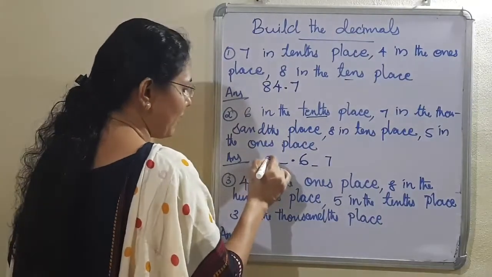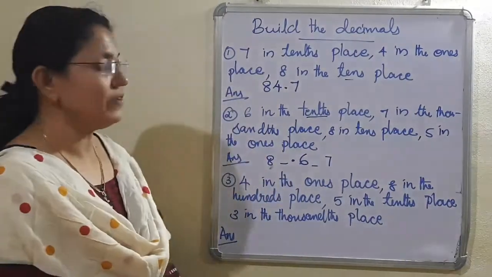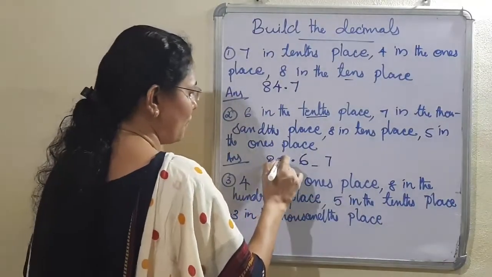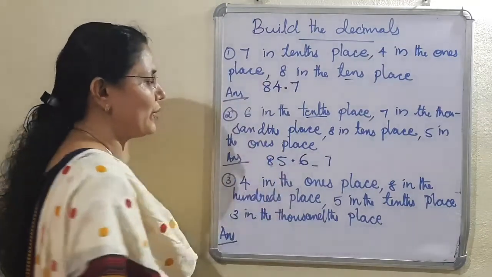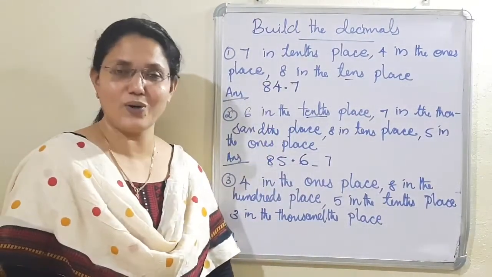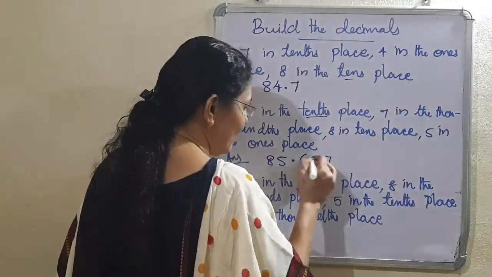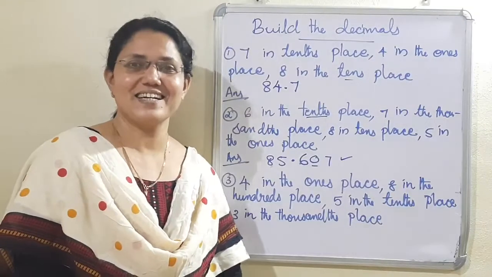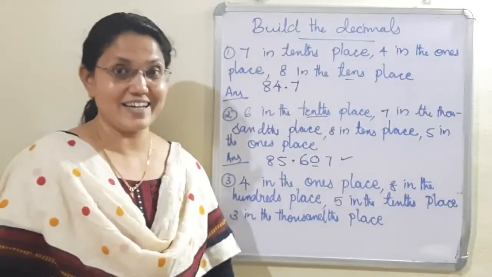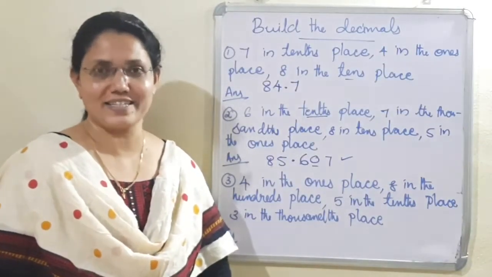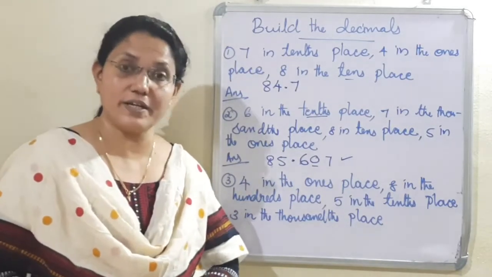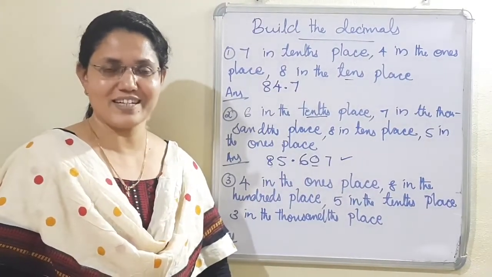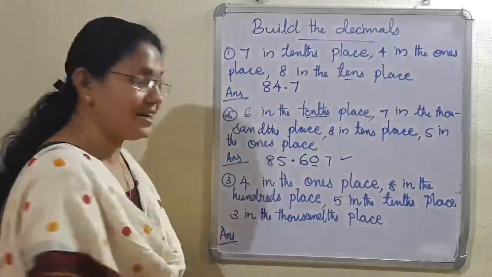Means tens place, 8 is there. 5 in the ones place. Ones place is given. We can write it here as 5. Therefore, 85.6. Hundredths place is not given, means it is 0. Therefore, here the decimal number is what? 85.607. We should arrange the given digits according to the places. If in between this, any place is not given, we must write there 0. Did you understand?